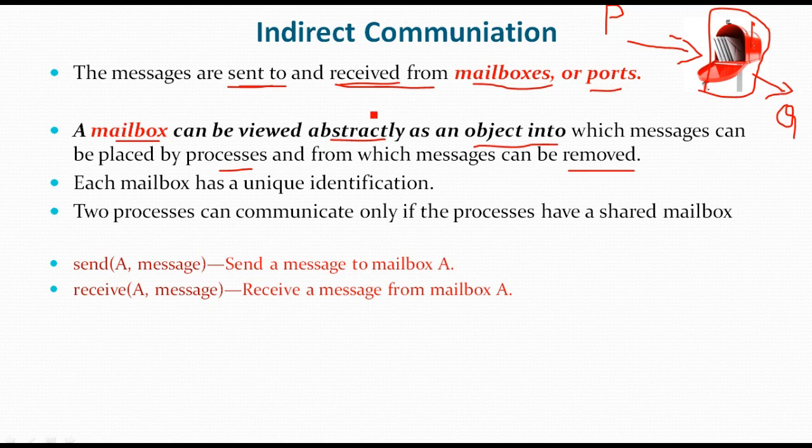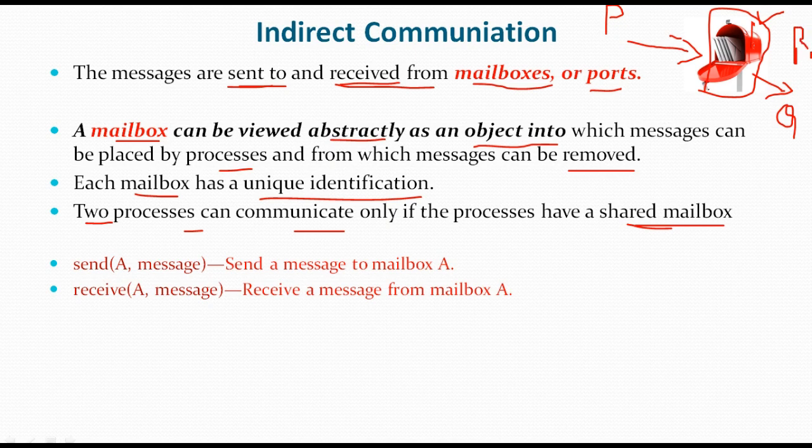Each mailbox has a unique identification. Two processes can communicate only if the processes have a shared mailbox. The meaning of this is, if you have receiving processes P, Q, let me take R also.